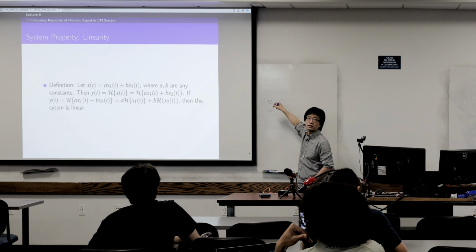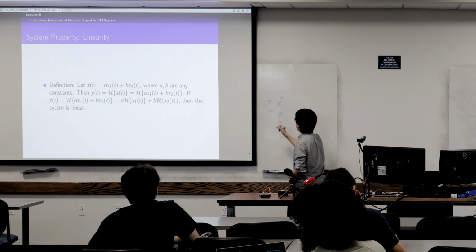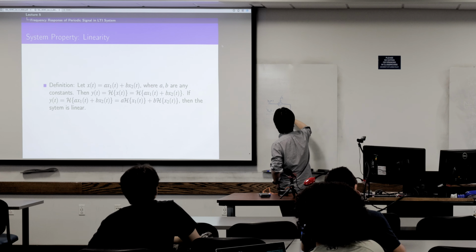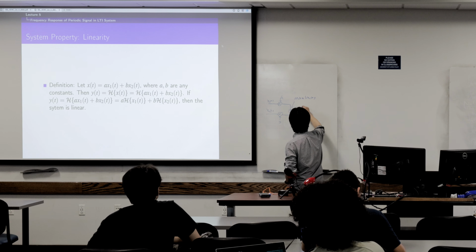First, we multiply this one by a, and this one by b, and then we add them together. So this is a x1(t) plus b x2(t). Then we pass that through a system, which we denote as h here for now, and we get y(t).